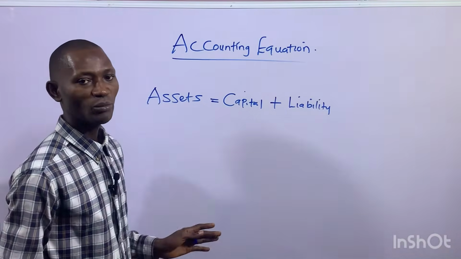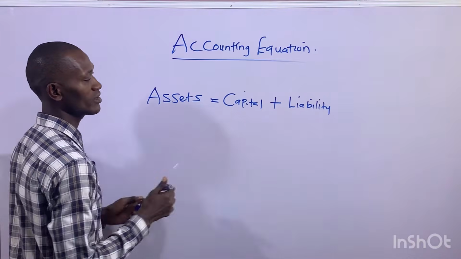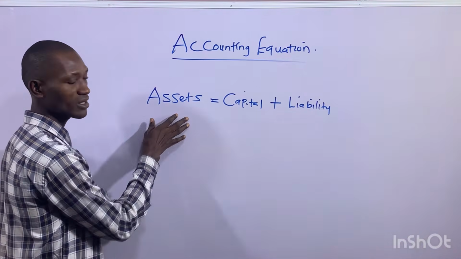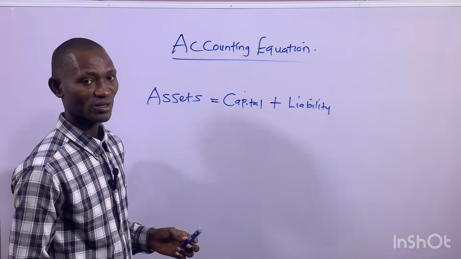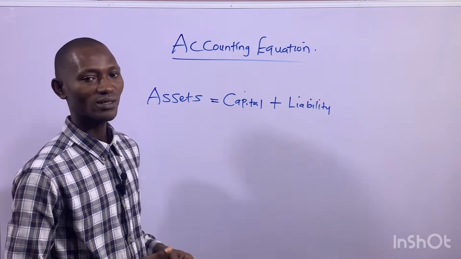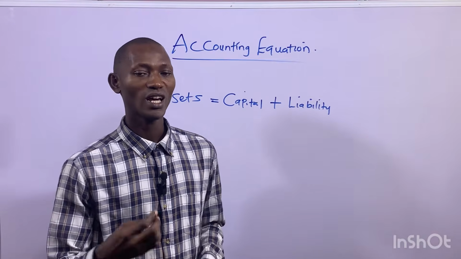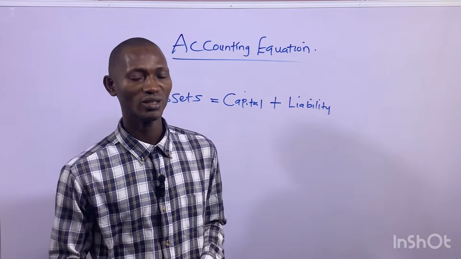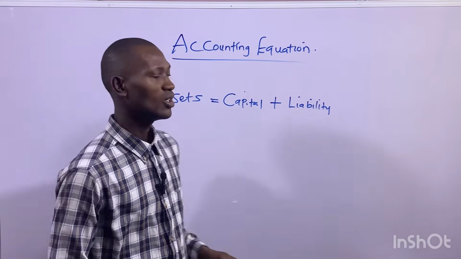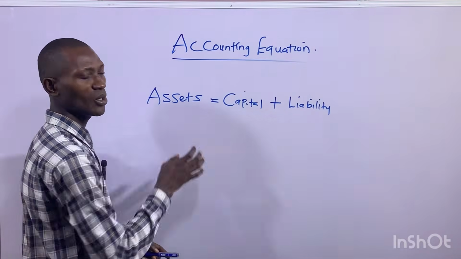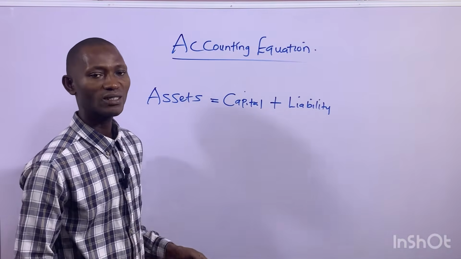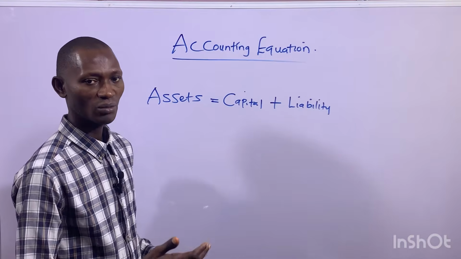So, simply put, the accounting equation is saying the assets of the business, which is the same thing as resources. And when we say asset, an asset simply means those resources a business owns and uses for its operation in order to generate revenue. So any asset must also provide future benefits for the business.